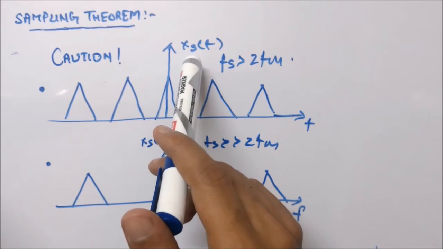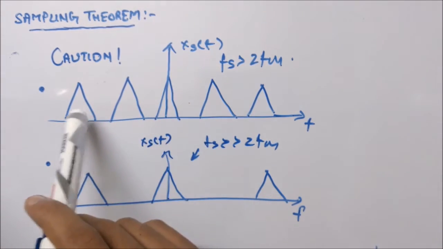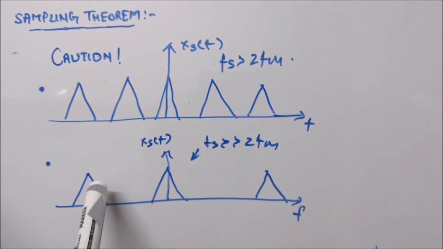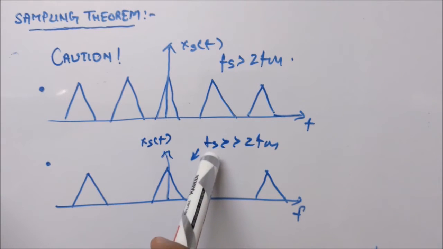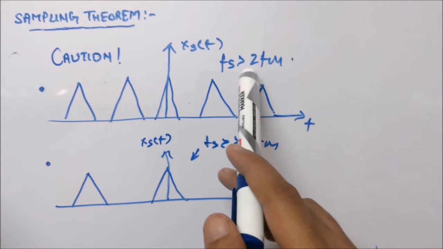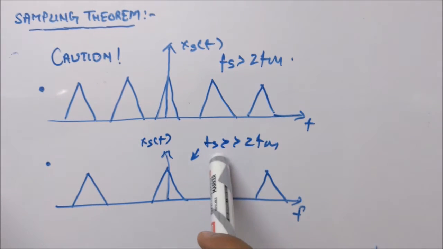If you remember, our sampled signal looked like this, and another signal I have made where the sampling frequency is way greater than 2 fm. Here Fs is just greater than 2 fm, here Fs is very much greater than 2 fm.